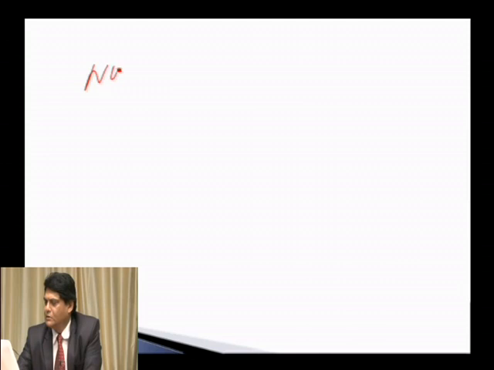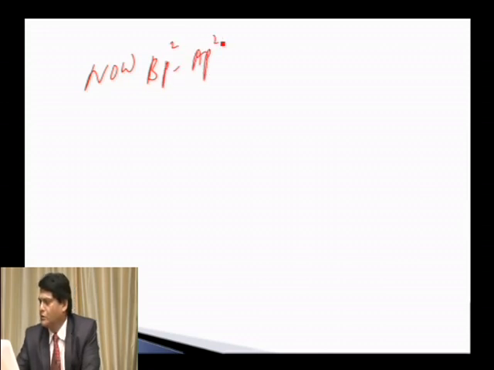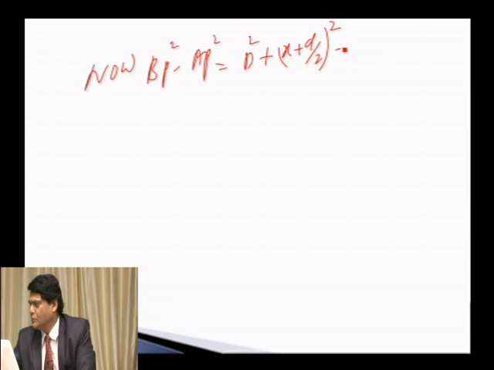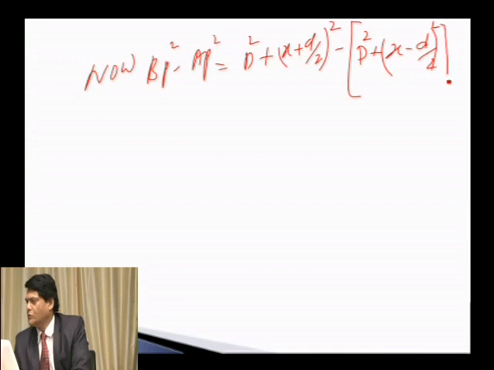Let us consider the relation BP square minus AP square. That is given by the value of BP square, D square plus X plus D divided by 2 whole square, with a minus, then a square bracket, again D square plus X minus D divided by 2 whole square, with a closing bracket.